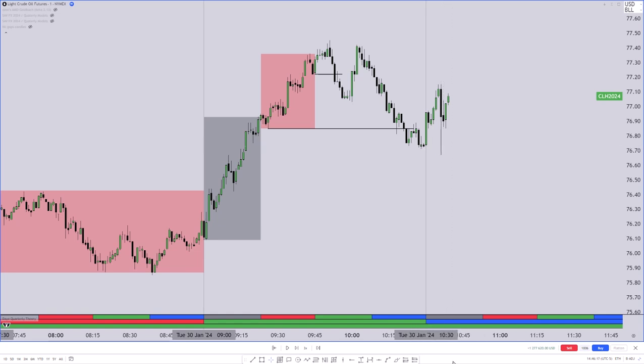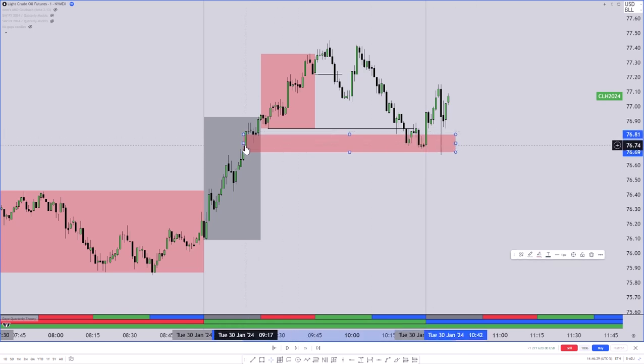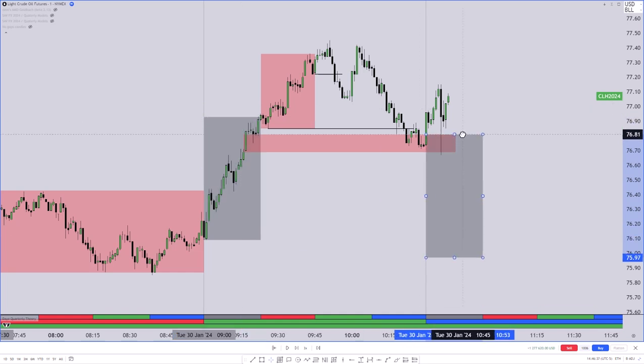This is Q1, right? What do we have here? We have a fair value gap that formed within Q1. Where is it reacting? Q1.